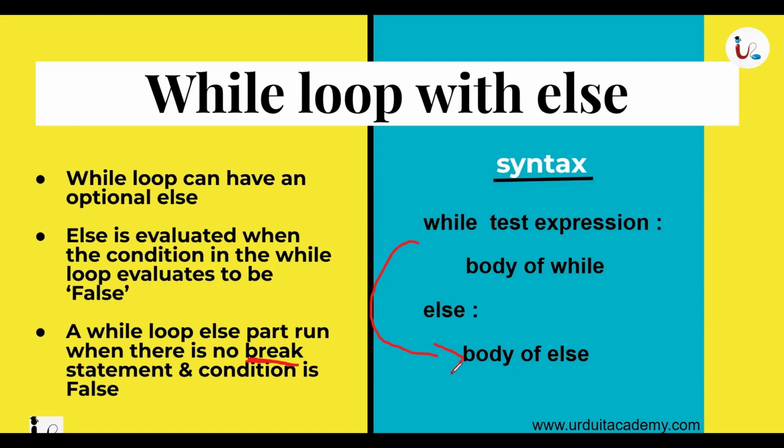But there is an exception, when there is a break statement inside a while loop. If you have a break statement inside your while loop, only in that case, the computer will skip the else block. Only if your while loop is terminated using a break statement will the computer skip the else part.